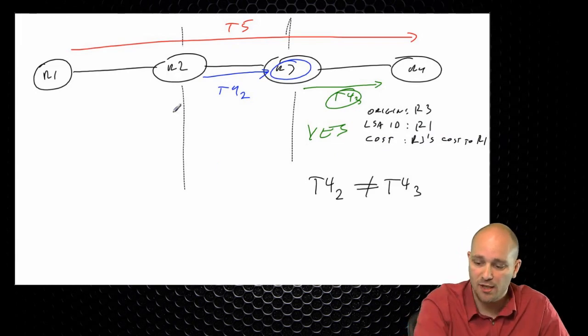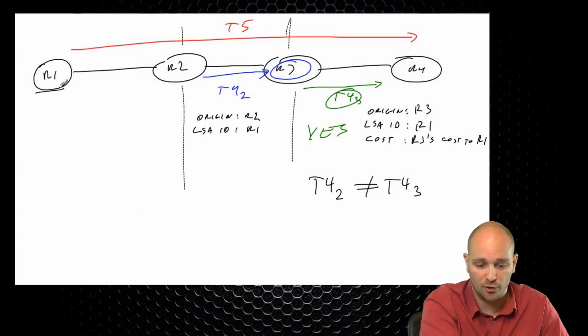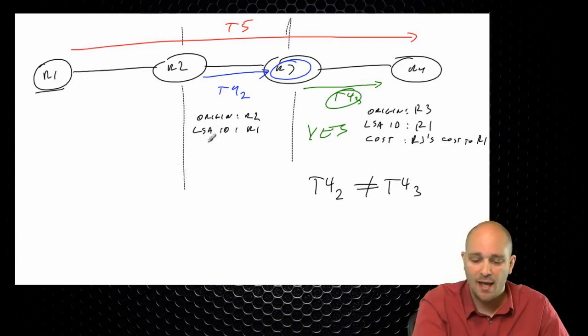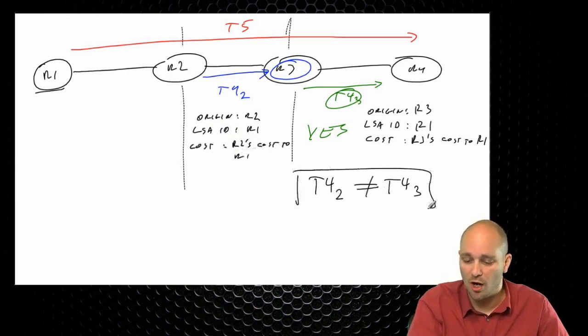And the information here would be that the origin is R2, the LSA ID will be R1, because this is what we are talking about. We are talking about R1's router ID, and the cost would be R2's cost to R1. So these two are not the same.